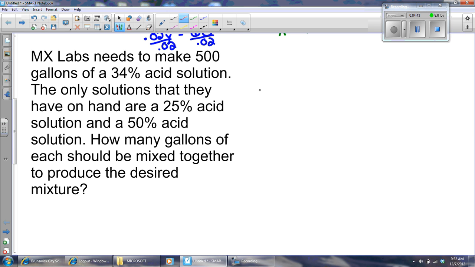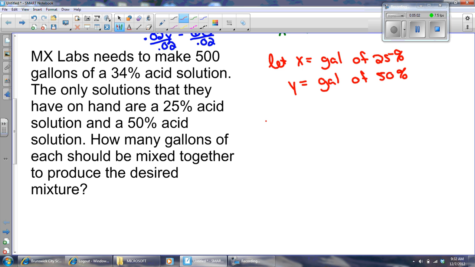Well, I'm going to let x equal the gallons of 25% solution. I'm going to let y equal the gallons of 50% solution. And my first equation is going to be x plus y, and that's going to equal 500.